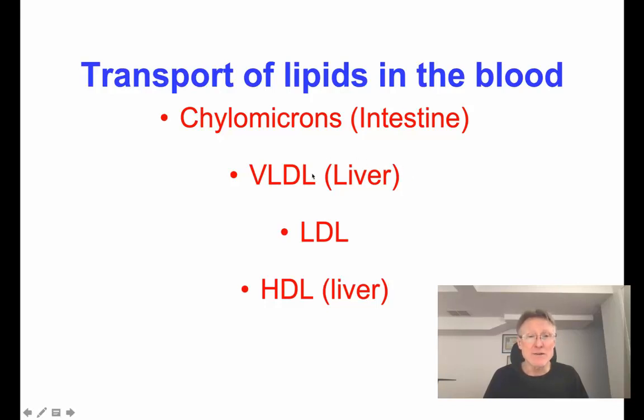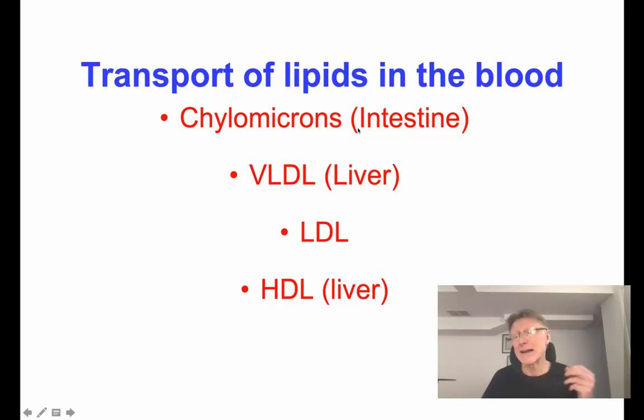We have LDL, low density lipoprotein. What happens is that once VLDL donates its fat content to the cells, it becomes LDL. And we have another one that comes from liver that is called high density lipoprotein, or HDL. So this is also from liver. So we have 2 particles that arise in the liver and one that arises in the intestine.